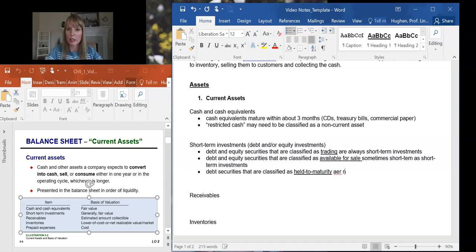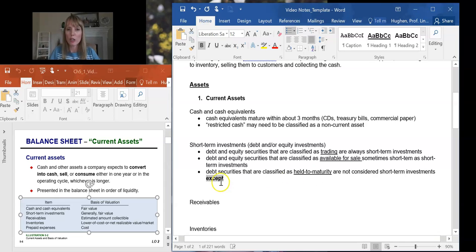So they are not considered short-term investments, except, now there's one major exception here. So think about that 20-year bond. For its first 19 years, it's going to be listed as a long-term investment. But once that bond is in its 19th year, it's due within 1 year, right? So then it gets reclassified out of long-term and into short-term.